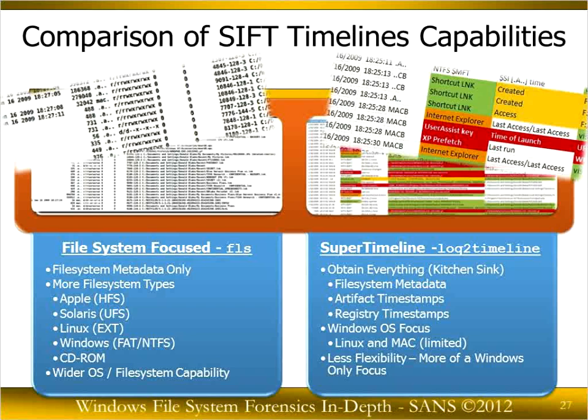But this is pretty much targeted at Windows only, whereas FLS has more file system types that it's able to parse, including Apple, Solaris, Linux, and Windows, whereas log2timeline is almost primarily at this point focusing on Windows analysis and has limited capabilities for Linux and Mac, but not nearly as much as what we have for Windows.